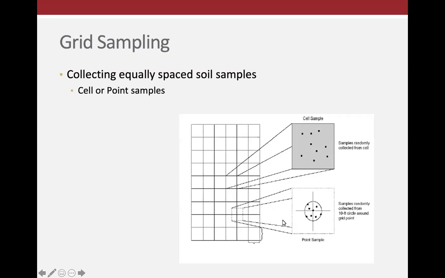By far more common is point sampling, where you find points on this grid, and then we sample within some sort of radius, 10 feet, 20 feet, whatever it might be, around that grid point. This is really common practice in the industry today. You go to that intersecting grid line, and then you pool multiple cores, composite those cores, and there's your soil sample for that grid point.